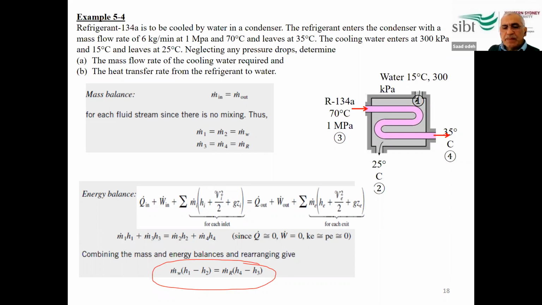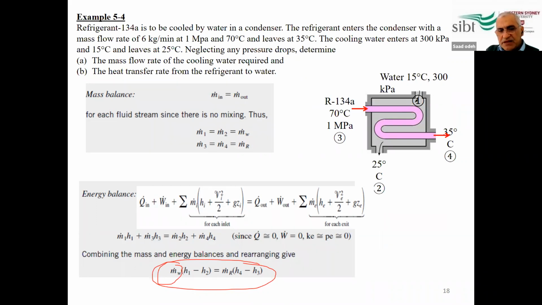The only part that we have to consider is the change in enthalpy of the refrigerant and change of enthalpy of the water. So we can solve the equation to find m dot water here after we find the value of enthalpy. So this is the task maybe you need to do it yourself after the lecture.